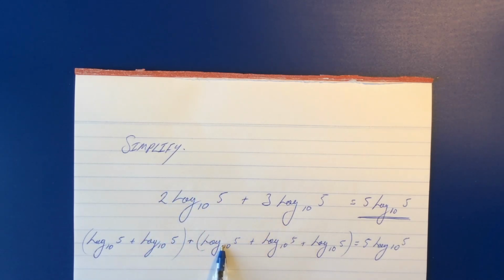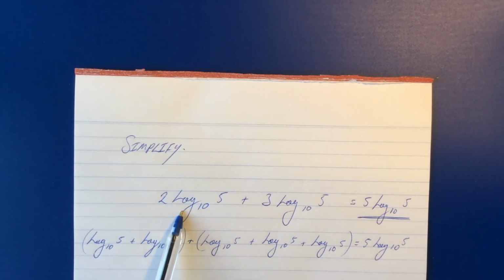And here I've got 3 of the same from here. Again, the brackets are not essential. So, if your hands are busy, take a shoe off and count on your toes. 1, 2, 3, 4, 5 lots of log 10 of 5. 5 lots. So this is one way of looking at it.